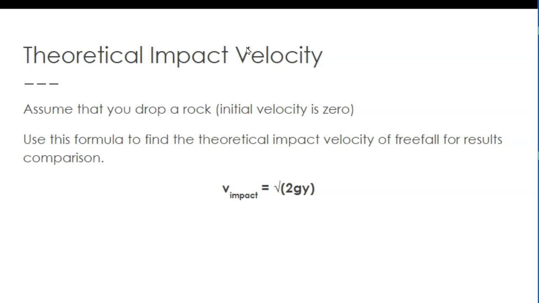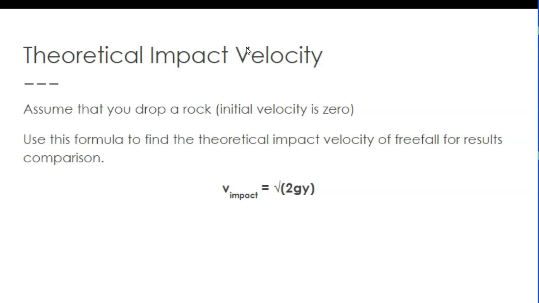The theoretical impact velocity, this would be if you took your mass and it didn't have any drag and you just dropped it in free fall. What would be that velocity when it reaches the ground? You're going to need this for comparison. So without a parachute, what would be the velocity when it hits the ground? We can calculate this more accurately than we can measure it.